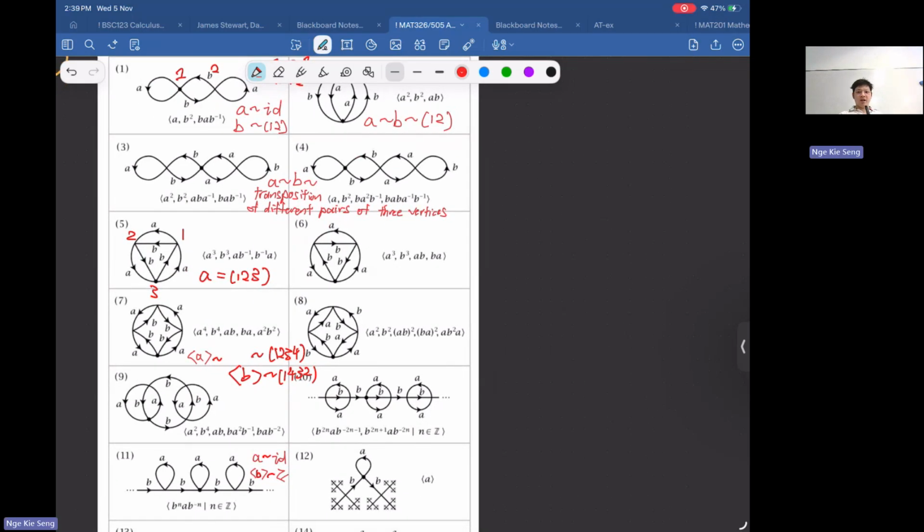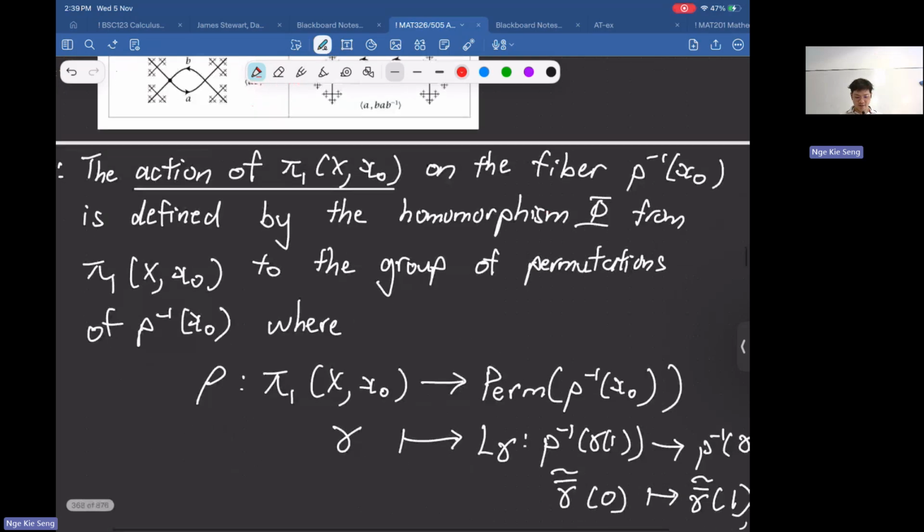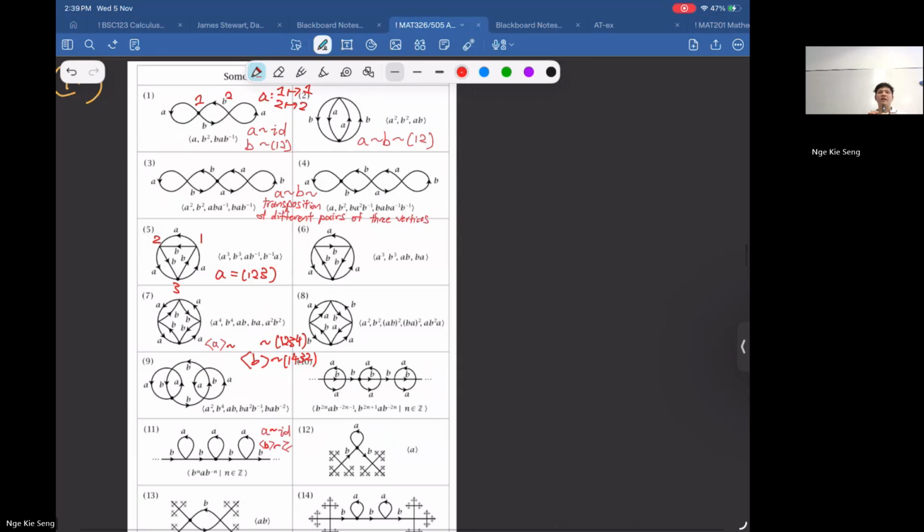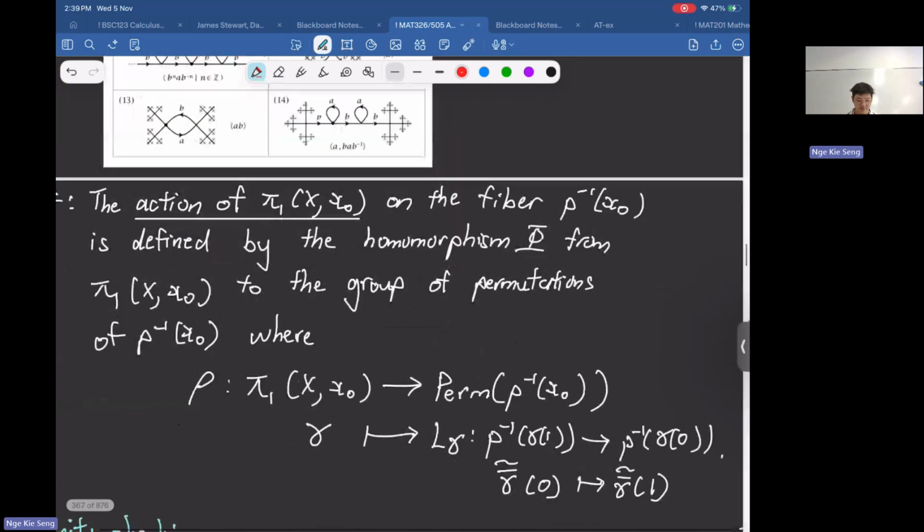Okay, so how do we... Say again. The action. Yeah, so we're going to make this formal.